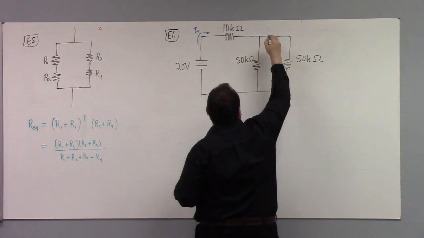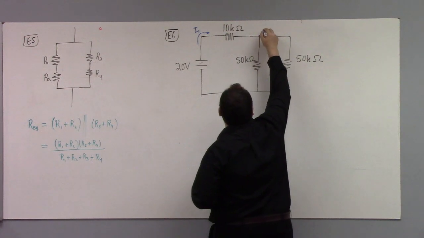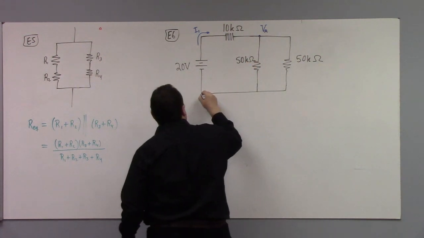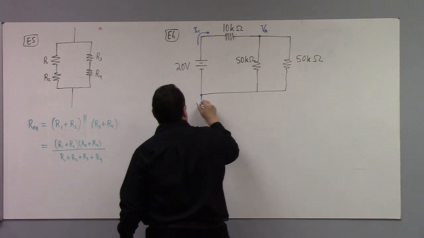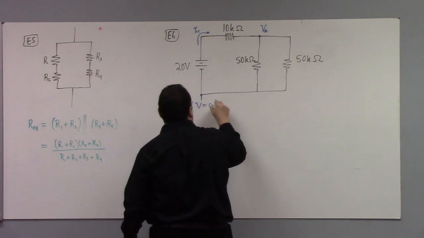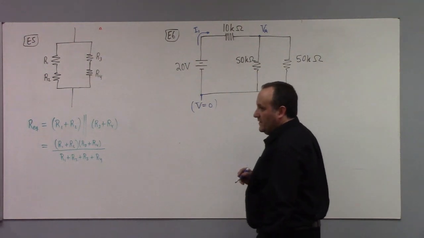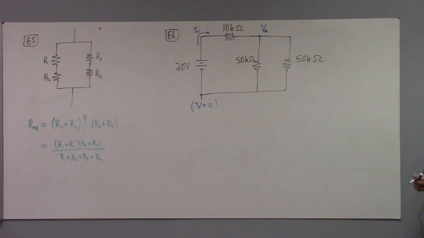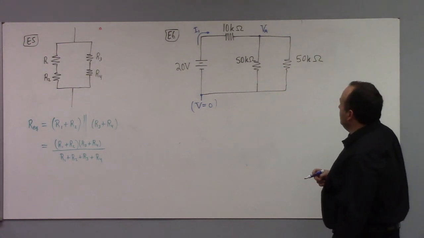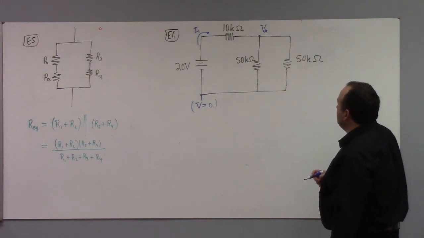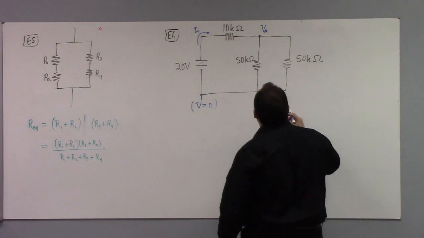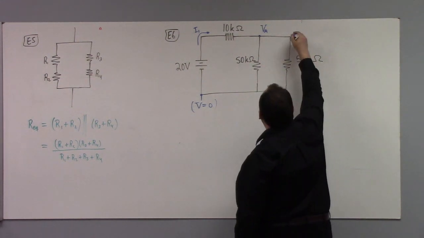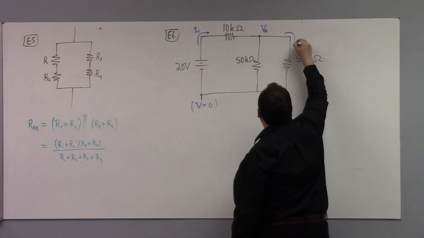We'd also like to know what's the voltage here at point A. I'm going to define V equals 0 right down here, the ground, relative to that choice of voltage. What's the voltage at A? And then I also want to know what's the current here.